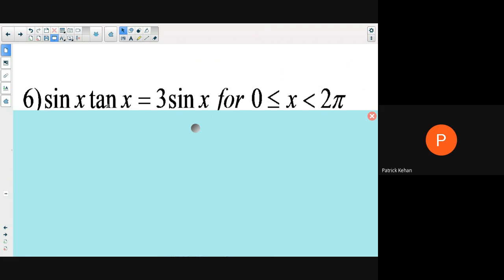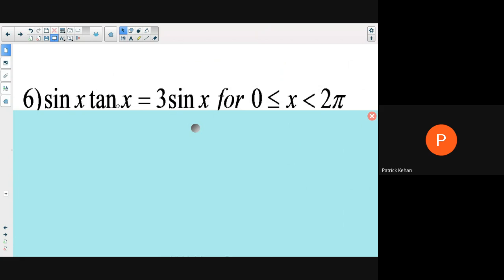Sine x times tangent x has a variable in both of these functions, so this is quadratic in nature. When we divide both sides by sine, we lose one power of the variable, which eliminates solutions for us, and we can't do that.